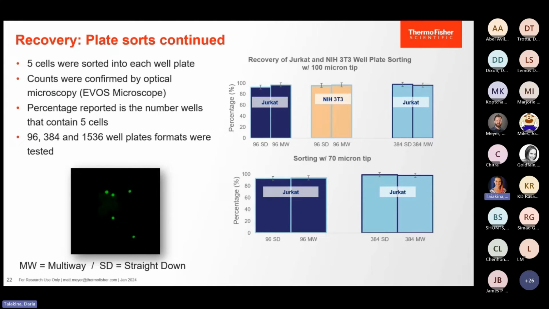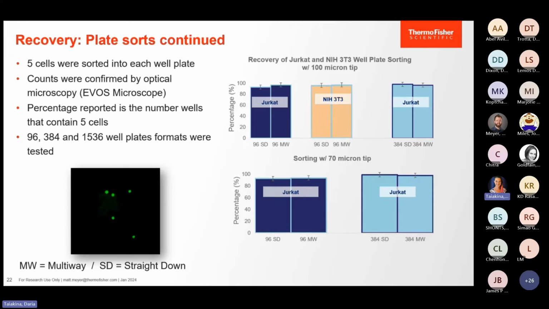In this case, we move from cells to beads, and so we test from beads to cells. And so in this case, we're looking at 96, 384, 1536 well plates, and then we measure the overall number of wells that have the correct number. We do multi-way, so multiple streams per sort, or straight down, which is a single straight down sort.